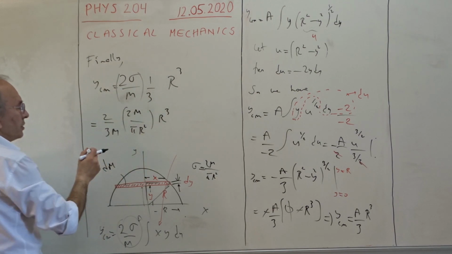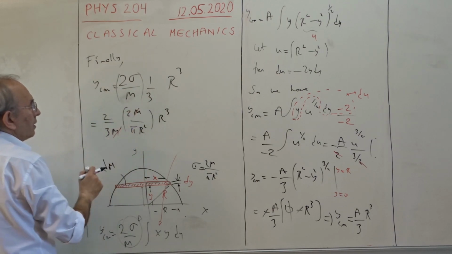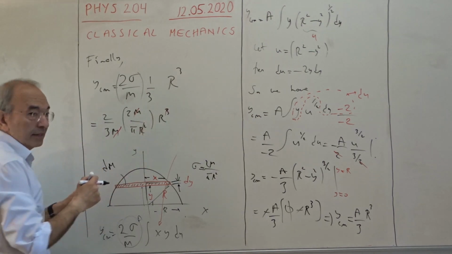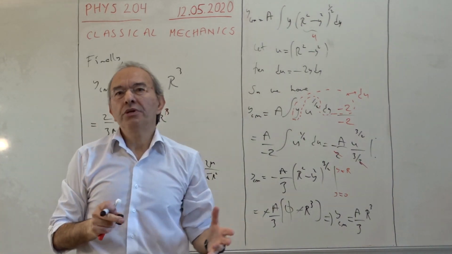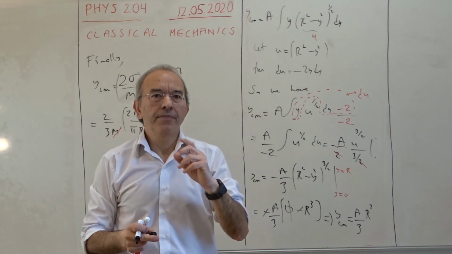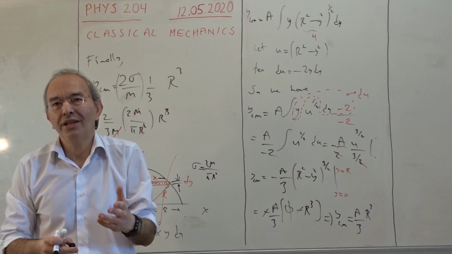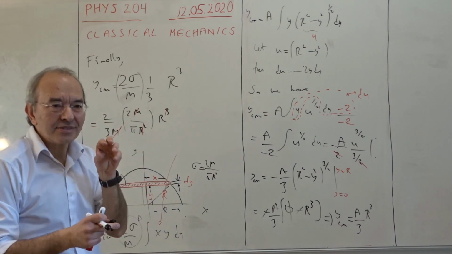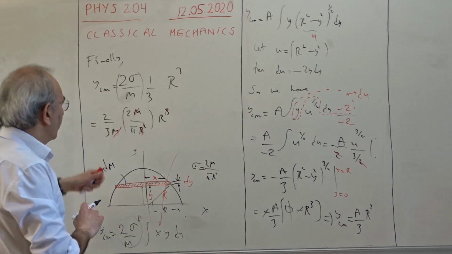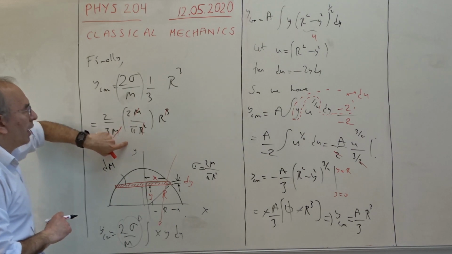So there are cancellations. M's cancel and r squares cancel, as expected, because the result should be in terms of a length, in terms of r. Some number times that, and that number of course should be less than 1. Necessarily it is somewhere inside the object. So we have 4 over 3 pi.